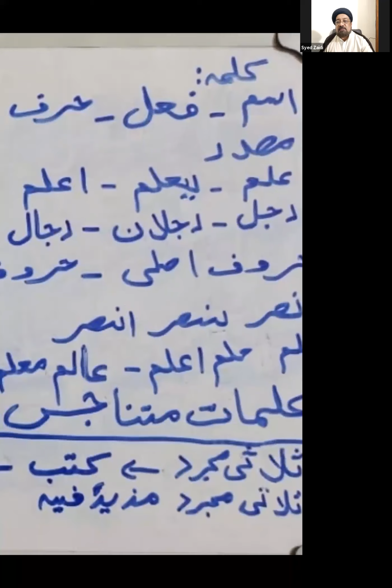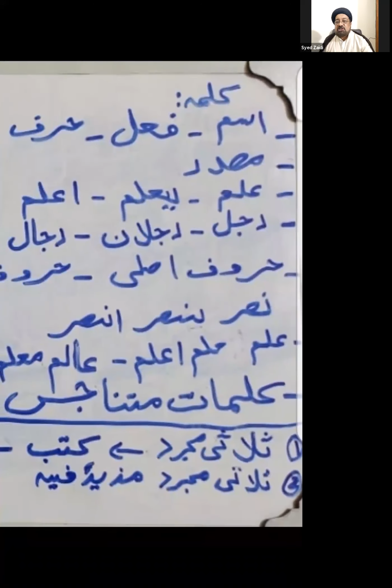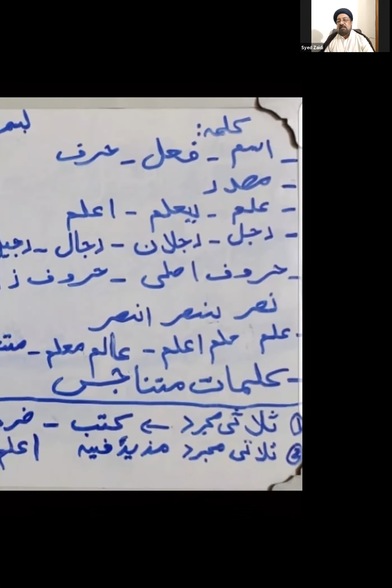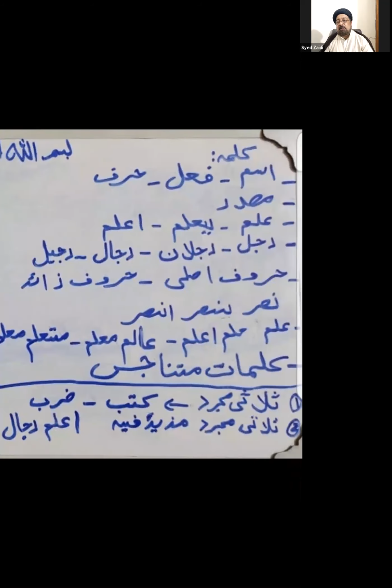Now the second category, thulathi mujarrad mazidun fi. If you understand a little bit of Arabic, or if you can speak Urdu or Persian, mazid is extra. So thulathi mujarrad and then mazidun fi.